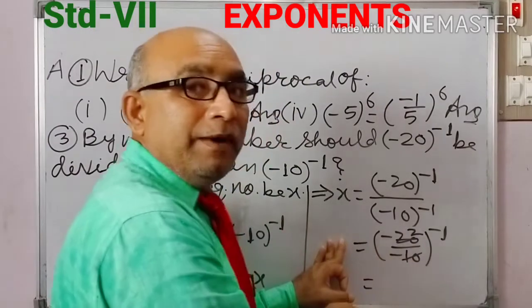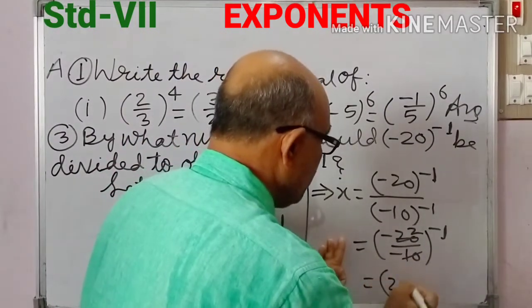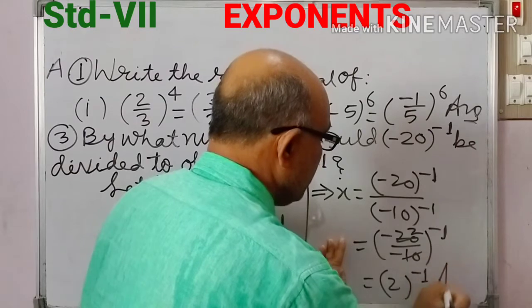Minus divided by minus is plus, 20 by 10 is 2. So 2 to the power minus 1. Answer.